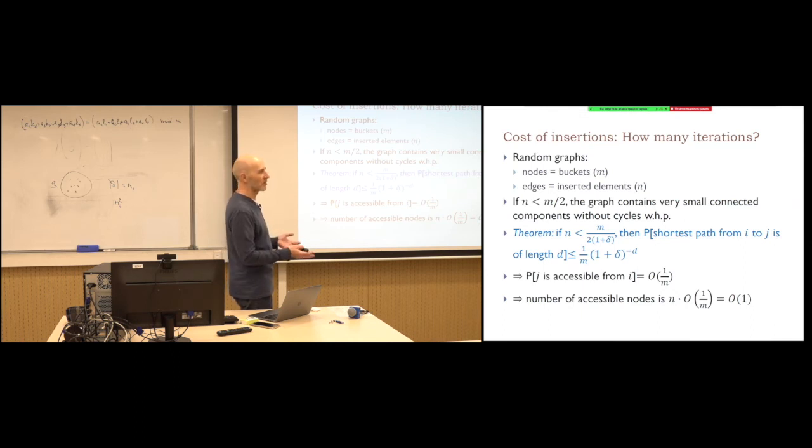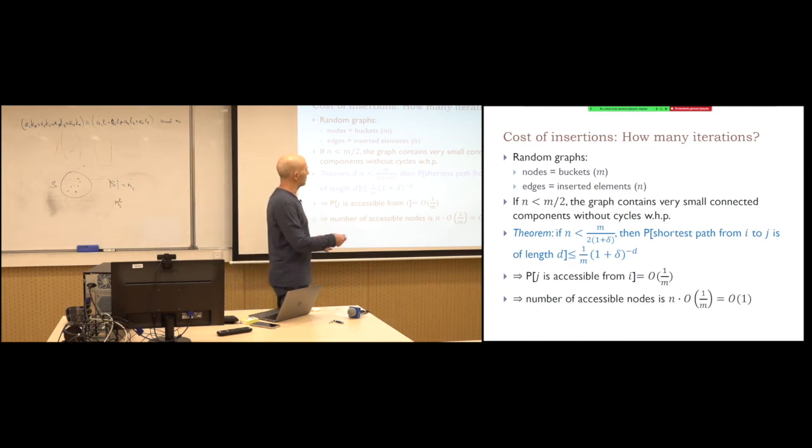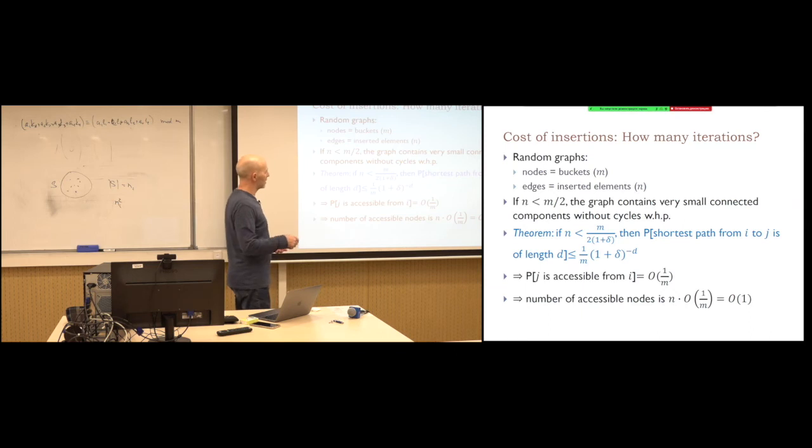There is a term, cuckoo graph. So this is basically the intuition. If we have fewer than m over 2 objects, so if the size of the hash table is a little bit more than twice the number of objects, then we will basically have no loops, and the number of steps before we find an empty bucket will be constant with high probability.